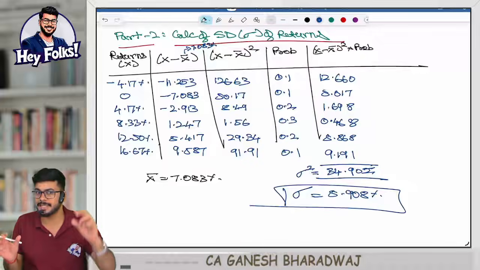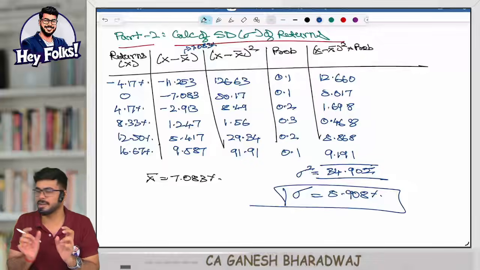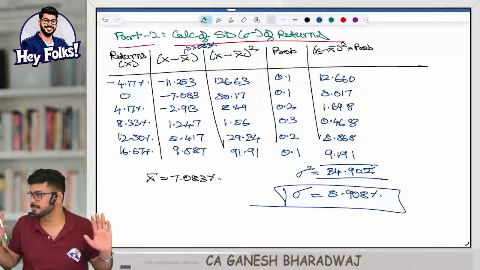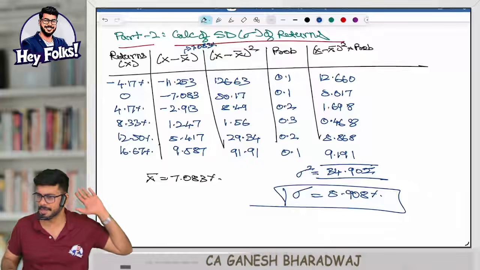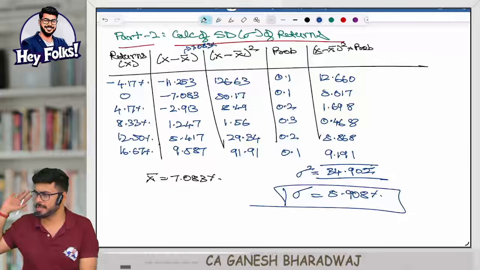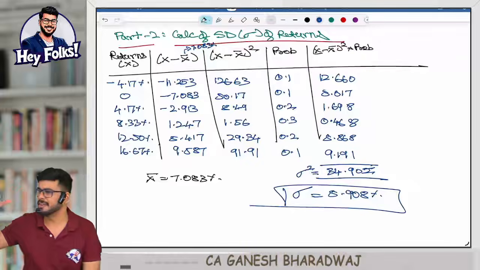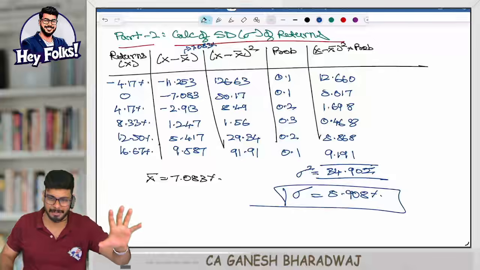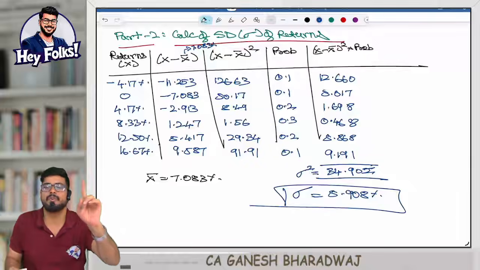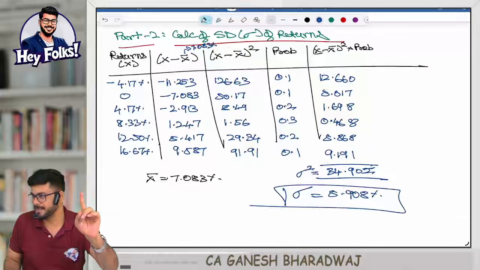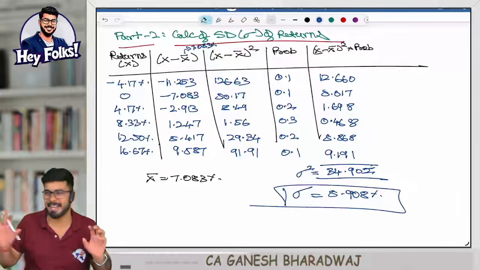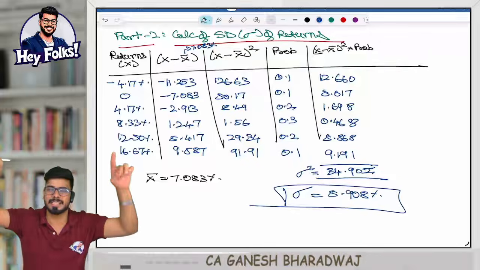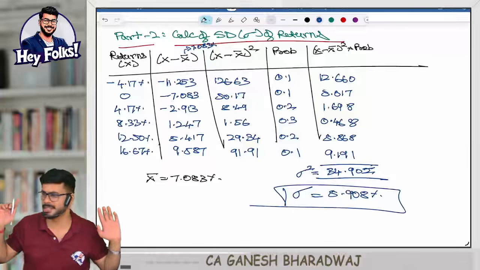You can't say, sir, 3-year past data and 2-year future data, can I take? You can't mix the two. If you are dealing with past data, take only past data and do a simple average. For futuristic data, take a probability weighted average. And we have also seen completely how to calculate return and risk for a single security, using both the simple average as well as the weighted average. This is what we have seen till now. Is this clear, guys?